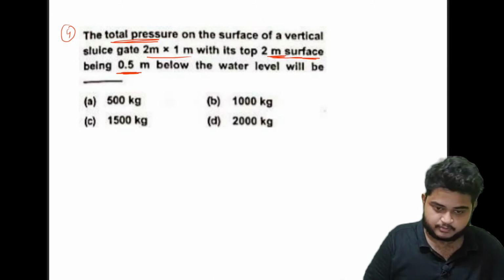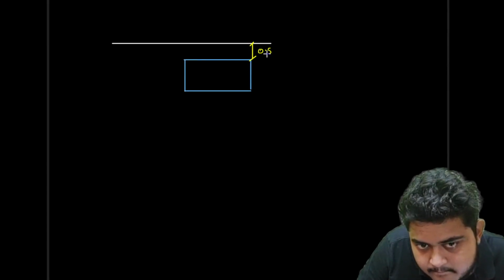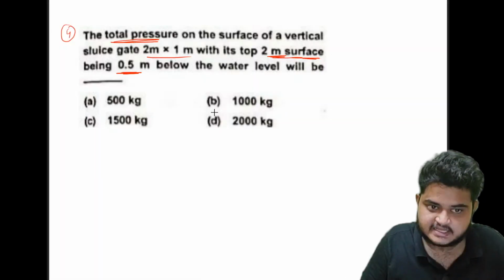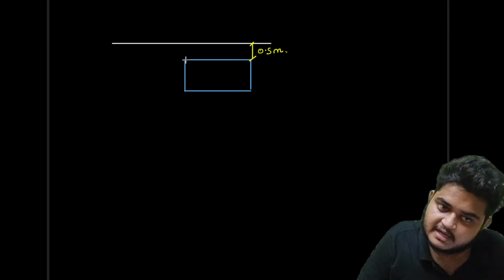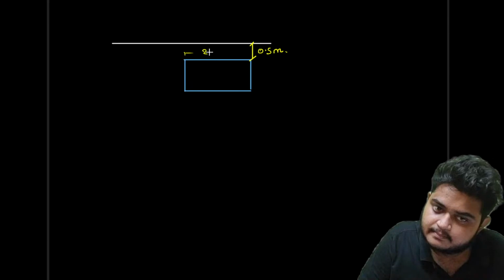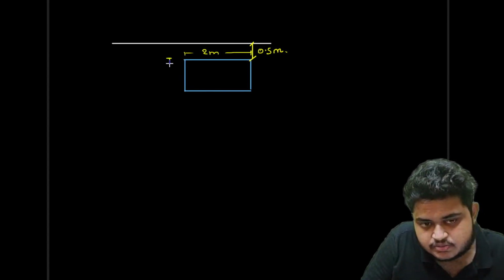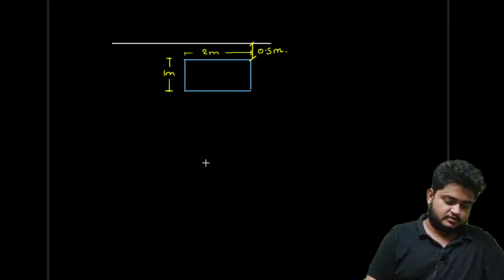Yes, the gap is 0.5 meter. This 2 meter is saying that the 2 meter surface is its top. So this is the top and this is 2 meter, and this is 1 meter, right? So this is 1 meter.